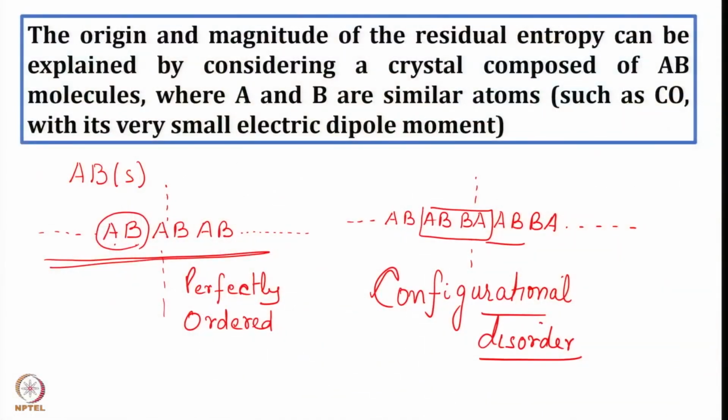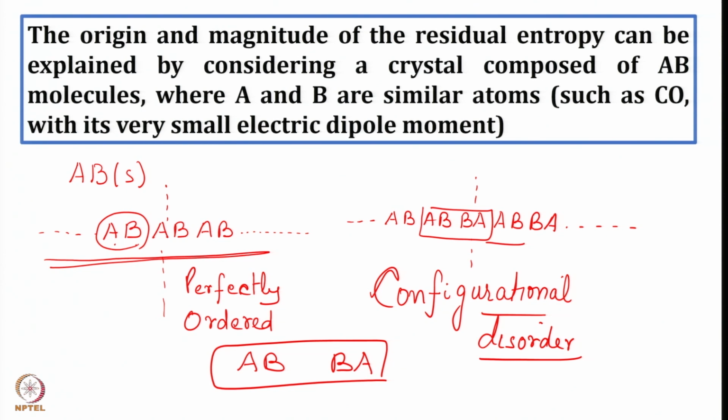In the minimum energy conformation, you can either have AB kind of arrangement, or you have BA kind of arrangement. It does not make any difference. And this leads to configurational disorder, because at absolute 0, you can have AB, AB, AB, AB kind of arrangement, or you can have AB, AB, BA, BA, AB, BA kind of arrangement also. So that's a disorder. And this disorder leads to residual entropy. There is still some entropy due to this configurational disorder at absolute 0. That is called the residual entropy.